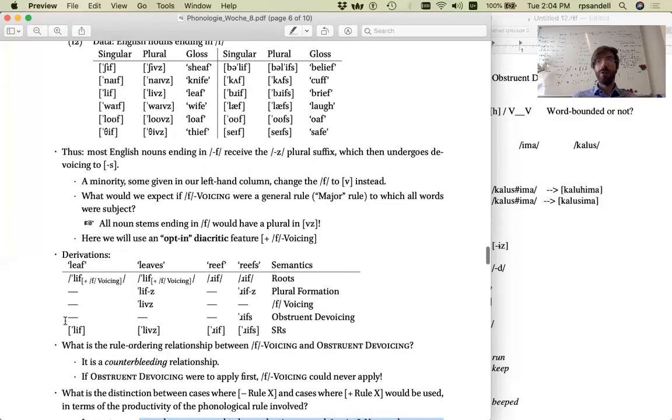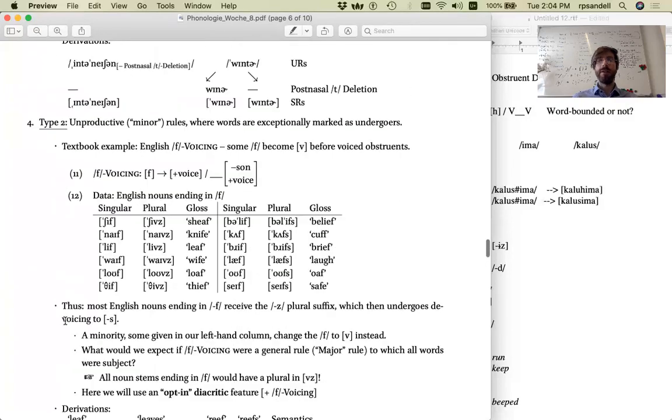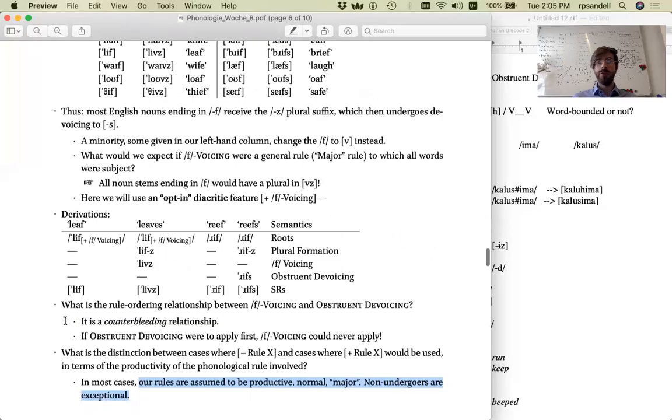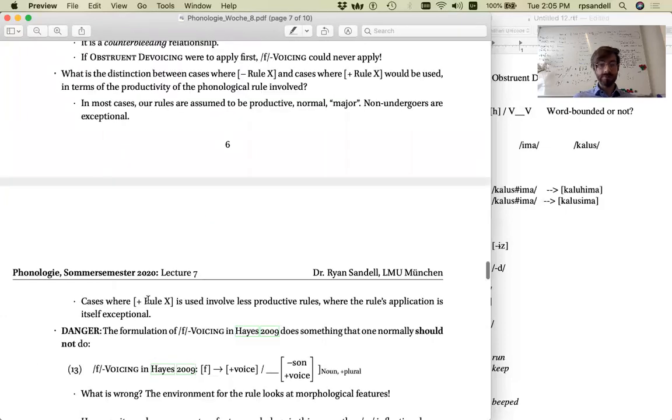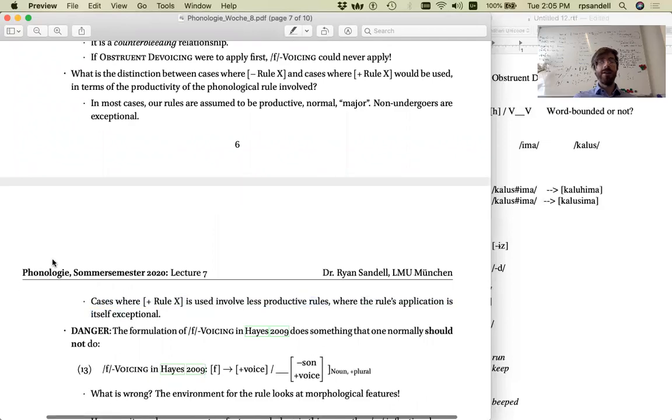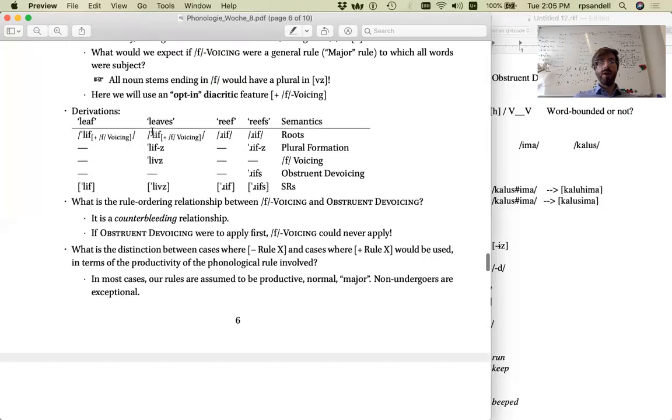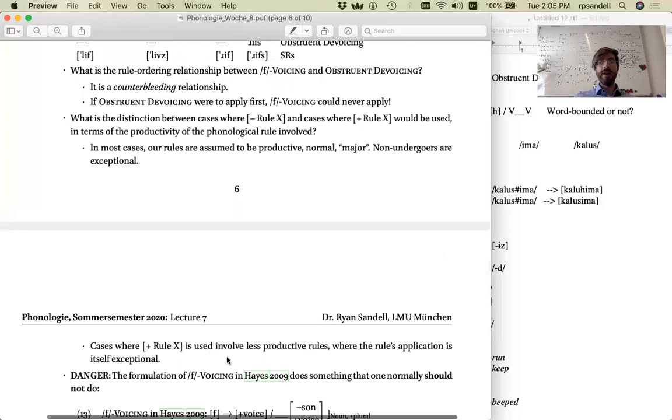So our default assumption is that a rule is a major rule, and we should expect new words to undergo the rule. It's exceptional if you find forms that fail to undergo a rule. The opposite is where stems need to be marked as plus rule x, and those involve less productive rules, in cases where the rule's application itself is something exceptional, something notable.